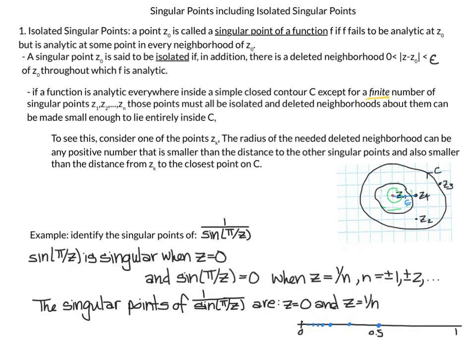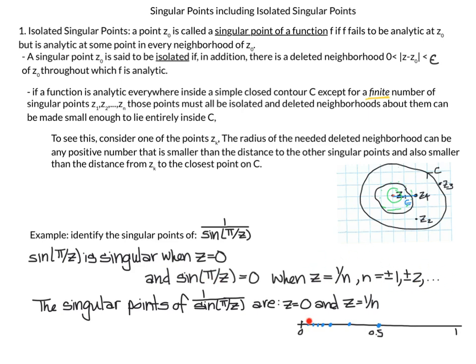I also want to mention this only works when there's a finite number of singular points. An example of this was our third example when we were looking at the singular points of 1 over sine pi over z. We said that we have a singularity at z equals 0. However, that point is not isolated, and that's because we have an infinite number of singular points.